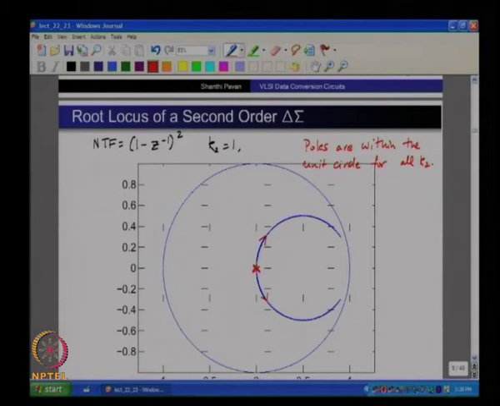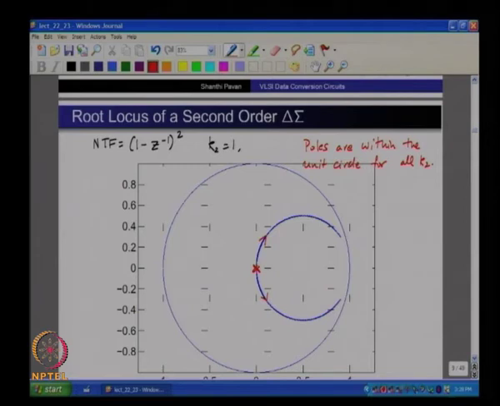This is somewhat analogous to the fact that whenever you have a second order system, regardless of the value of the gain in continuous time systems, the poles will always lie in the left half S plane and never get into the right half part. So, this is a somewhat similar result.